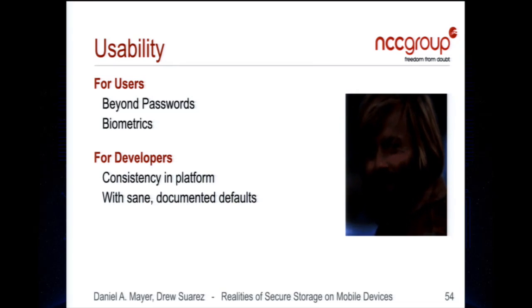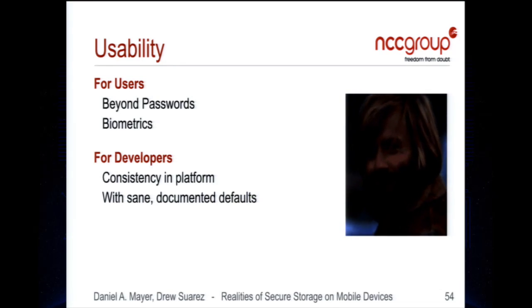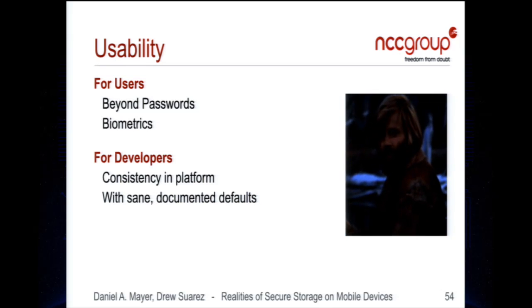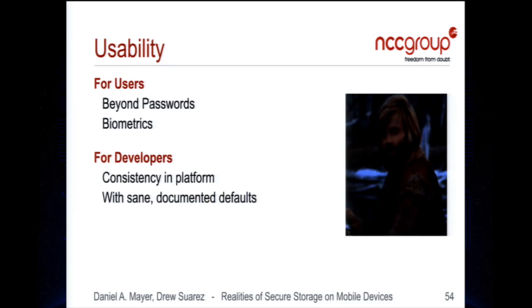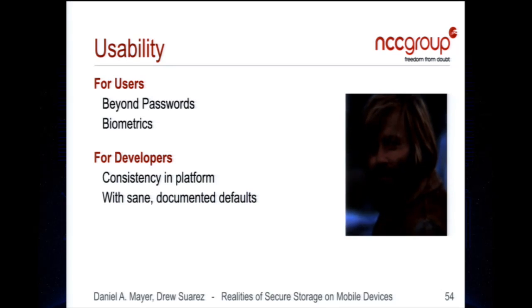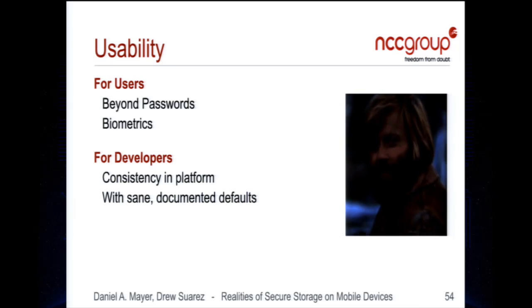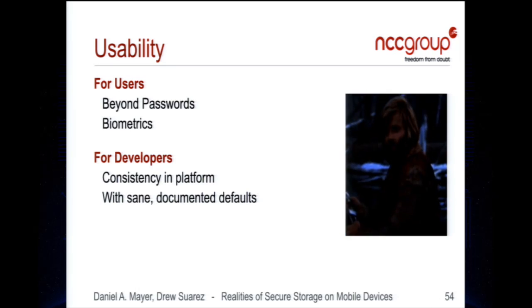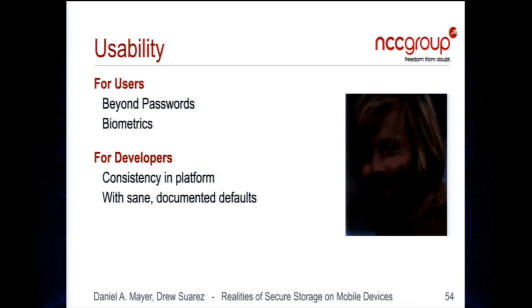But on the developer side, we need some more consistency, and that's probably more of an Android thing than an iOS thing. But even the iOS documentation is hard to follow, and it's very difficult to figure out what protections each of these things is actually giving you. And on the Android side, there are vastly different inconsistencies between platforms and default settings, which are not very sane. So maybe it would be helpful to improve those.